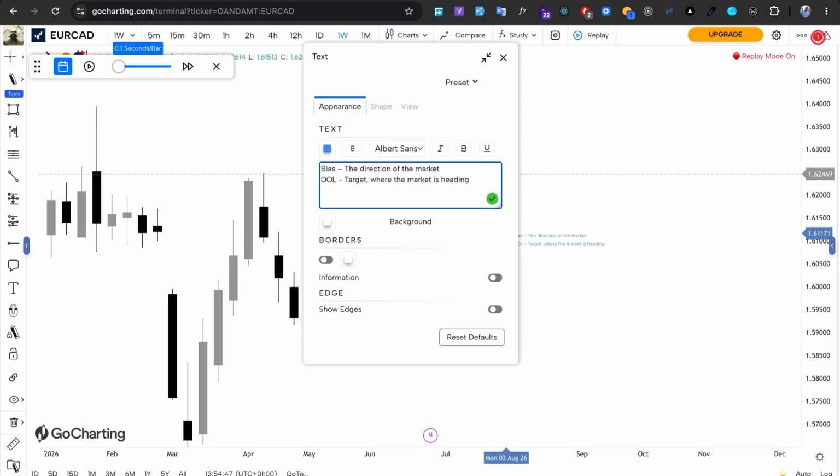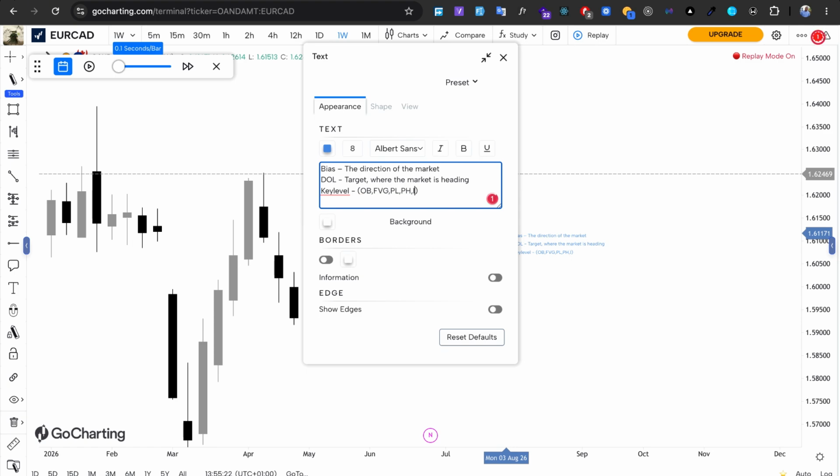Now I'll look for a key level. The key level can be an order block, that's OB, it can be an FVG, it can be a previous low, a previous high, or internal range liquidity.